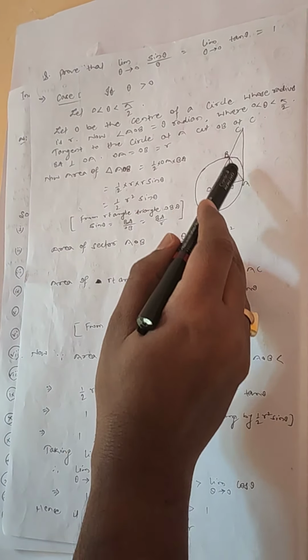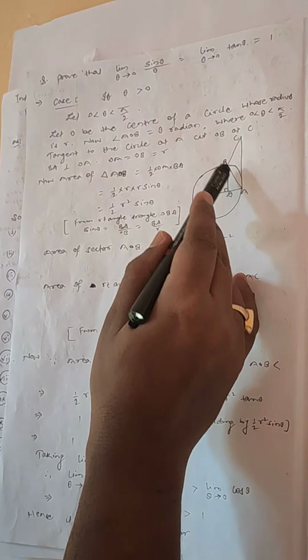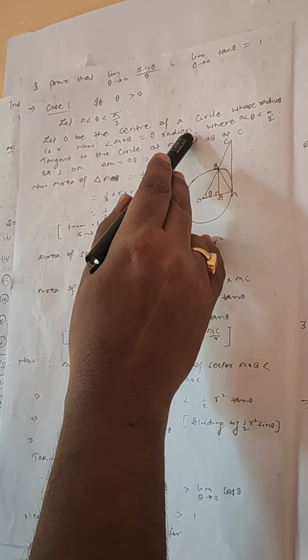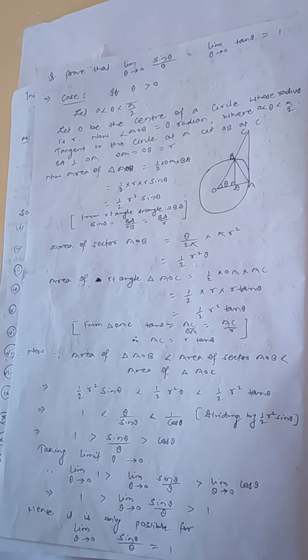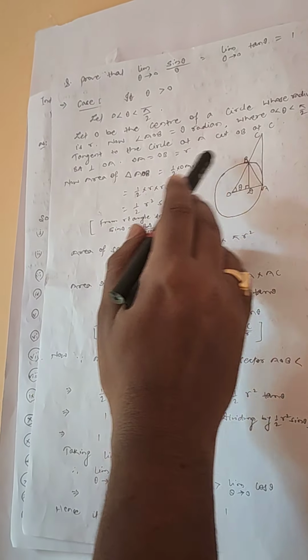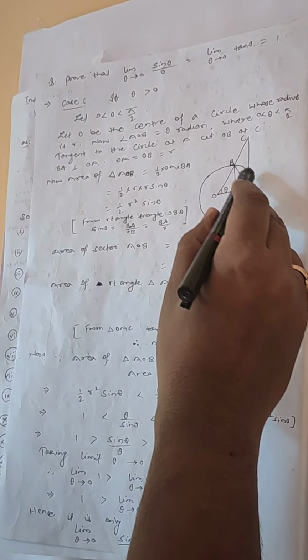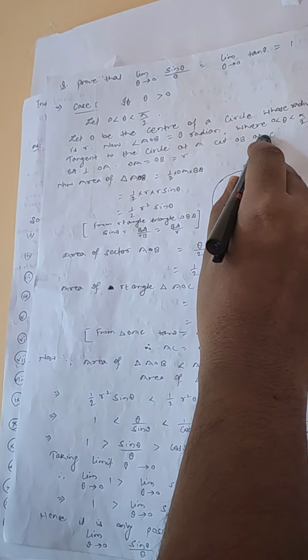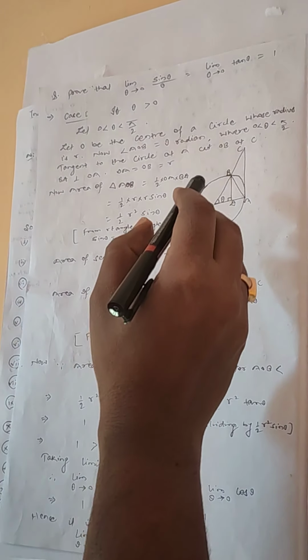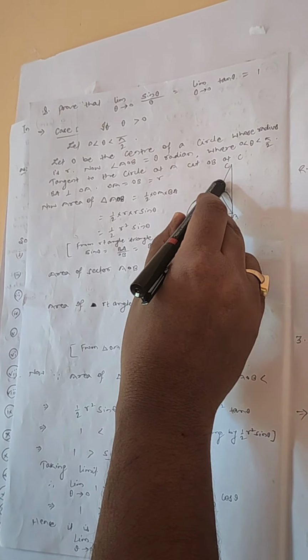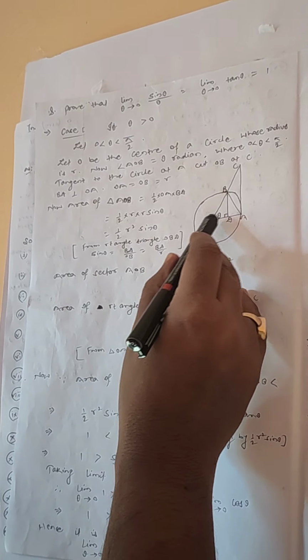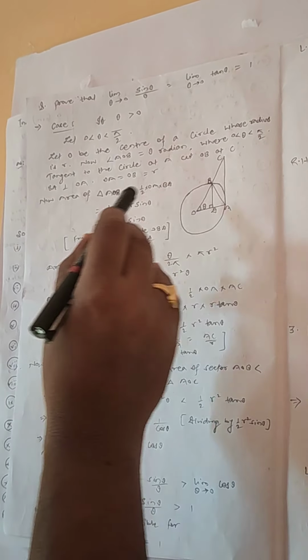Here O is the center of the circle whose radius is R. Now angle AOB is theta radian, theta lies between 0 to 90. The tangent to the circle at point A cuts OB at point C. Now we draw a perpendicular line BD on the radius OA.